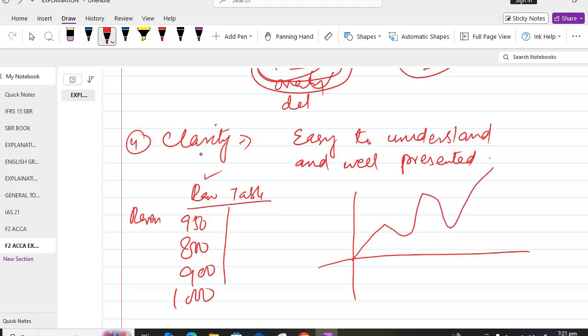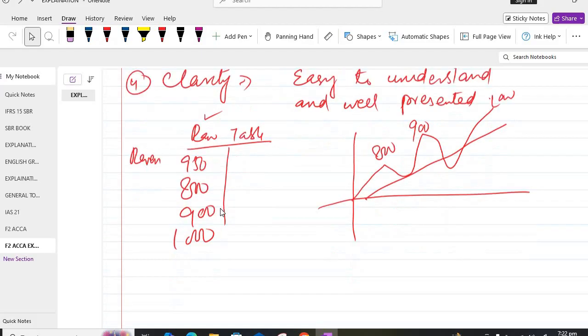Here you have 800, here you have 900, here you have 1000. So this shows the clarity for understanding. So use a graph to show the trend in revenue rather than a table, then that will show clarity, and it will be easily understood and well presented for the user. They will understand what the trend of the revenue is. Clear?